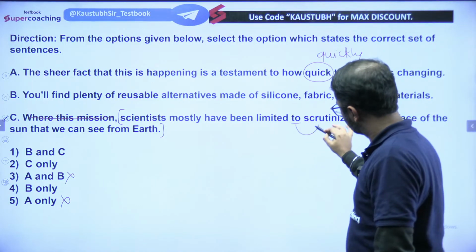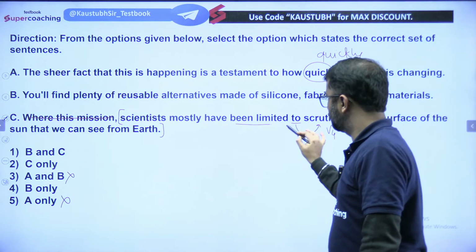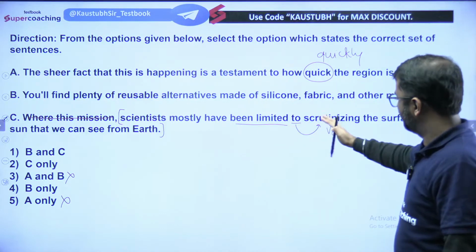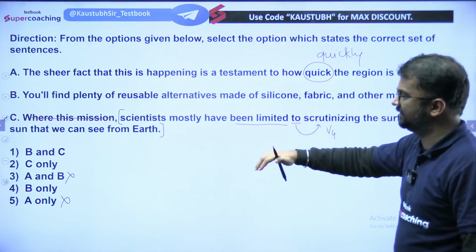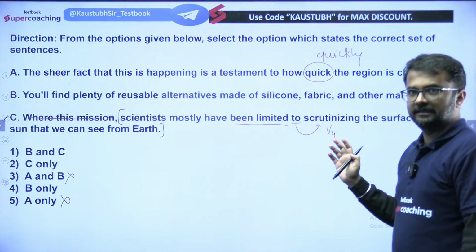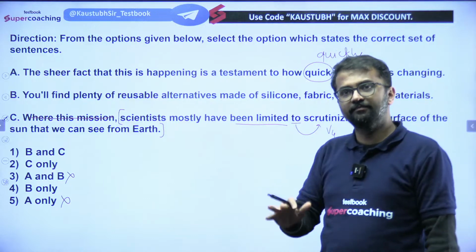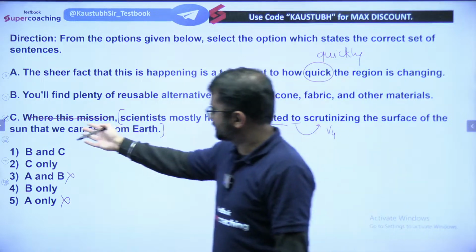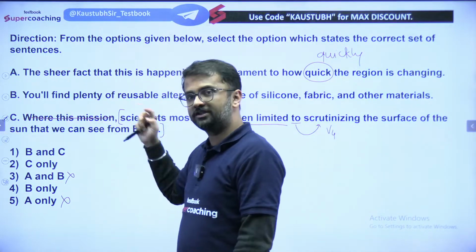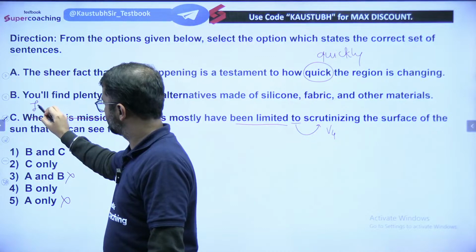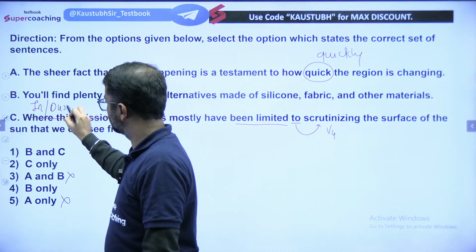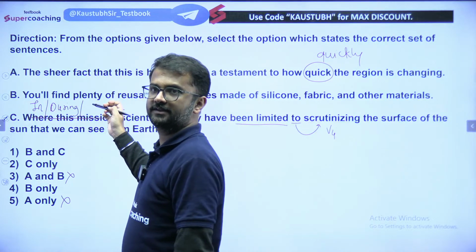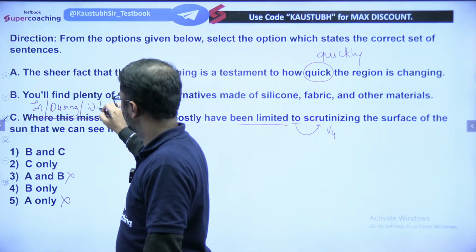To scrutinizing is also fine, because "to be limited to" is one of the phrases which take a gerund after it. So they have been limited to scrutinizing the surface of the sun that we see from the earth. The sentence itself is complete and meaningful. It does not require anything else. So ये जो extra का है उसमें "where this mission" क्यों आएगा? आप "in this mission" बोल सकते हो, "during this mission" बोल सकते हो, है ना? और क्या है? जैसे निरंजन ने suggest किया "with this mission", with भी चल सकता है वैसे, not bad.